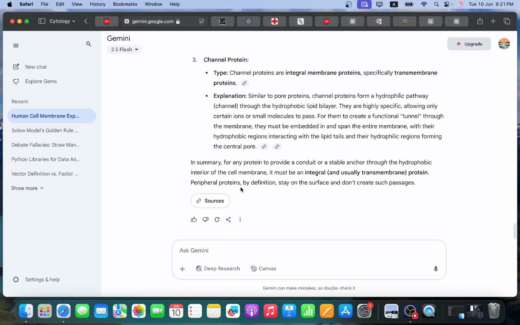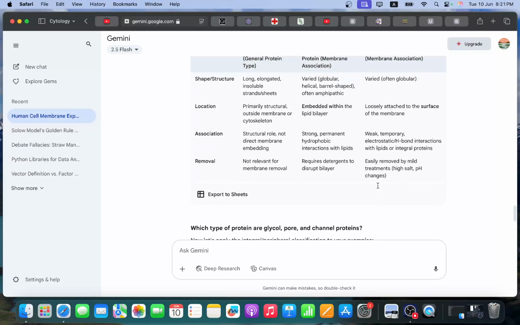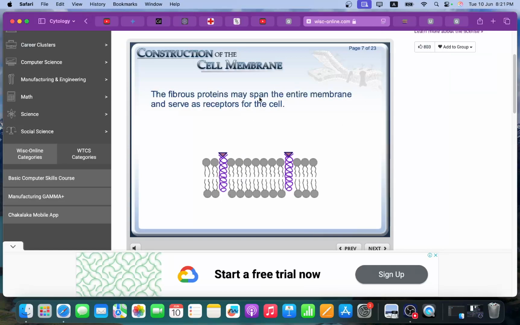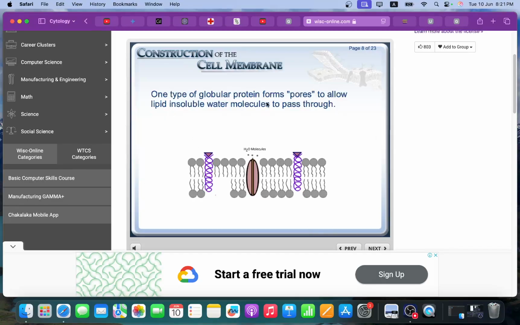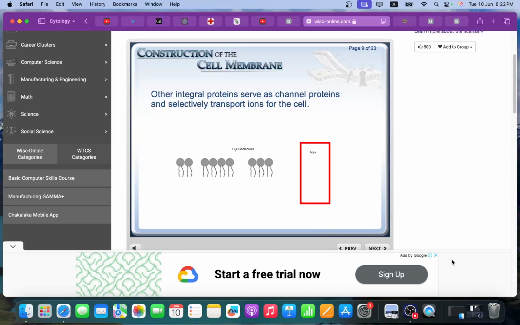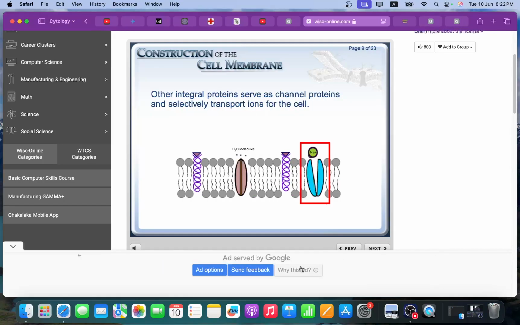Peripheral proteins by definition stay on the surface and don't create such passages. So I am totally at a loss about, uh, these pores are like letting things in. Because these are pores, they are embedded very deep within. That is probably the gist. Other integral proteins include several channel proteins that selectively transport ions.